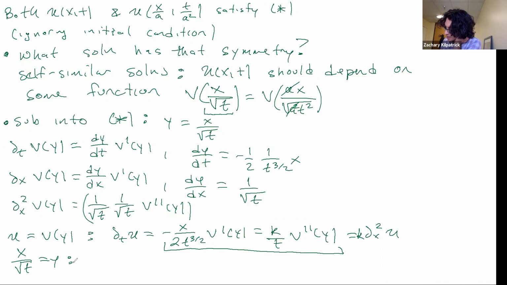So we can write that as minus 1 over t v prime of y times y is equal to k over t v prime prime of y.